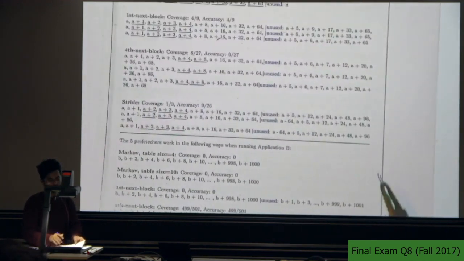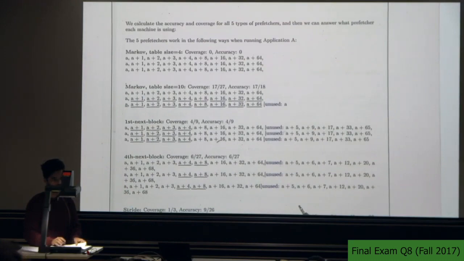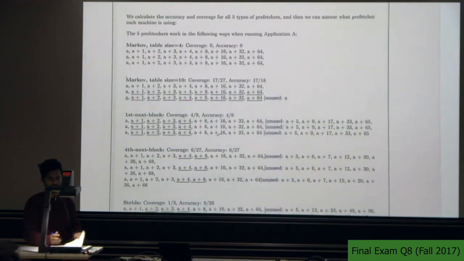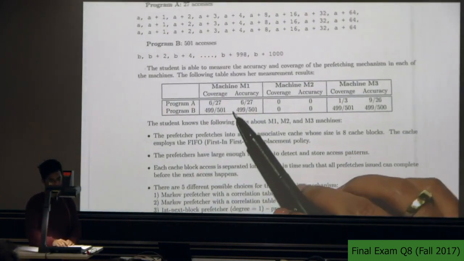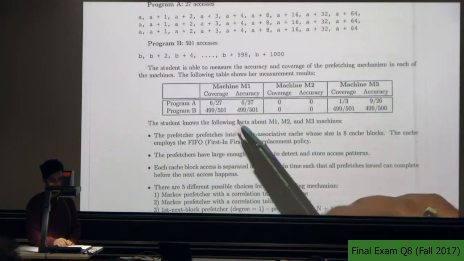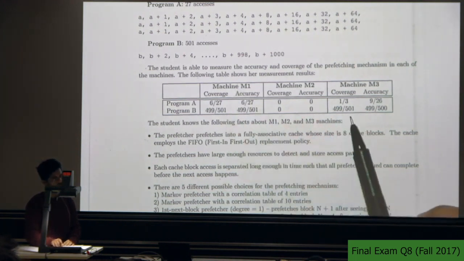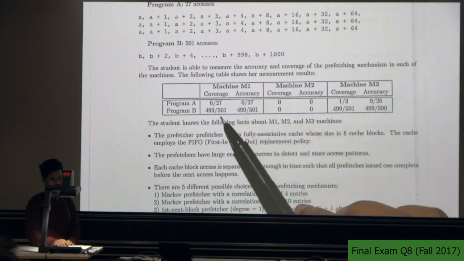So now once you have done this entire calculation, let's say exhaustive calculation for all of these workloads and the prefetchers, you just tally up which one of them actually matches, right? So program B for machine 1 and machine 3 is almost the same thing. So that means you know that okay, either it can be the fourth next block or let's say the stride prefetcher.